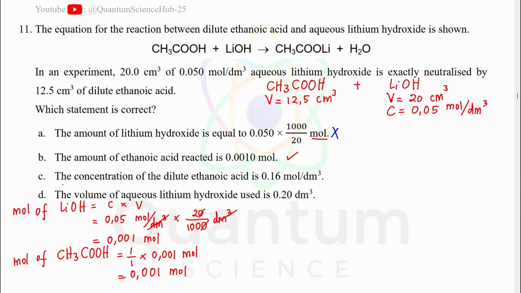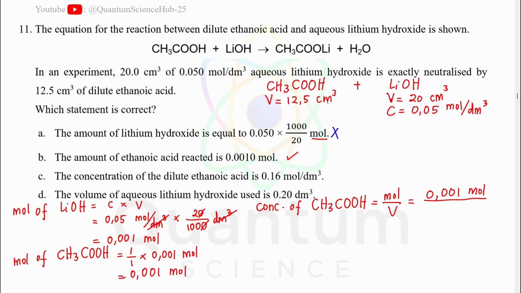Now let's continue with option C. The concentration of dilute ethanoic acid is this one. Okay, let's find out the concentration. So the concentration of ethanoic acid. The formula is mole divided by volume, right? So how many mole? 0.001 mole divided by the volume. Remember, the volume should be in decimeter cube because this is still in centimeter cube.